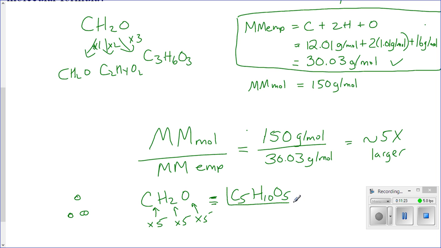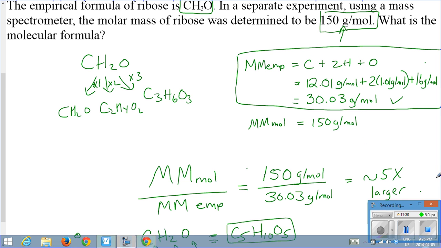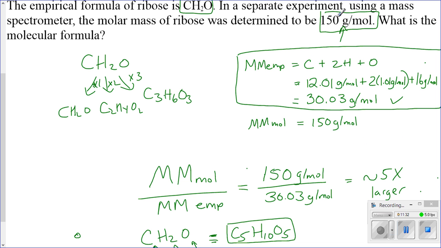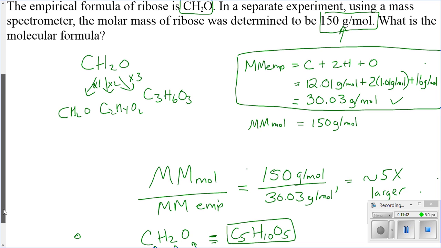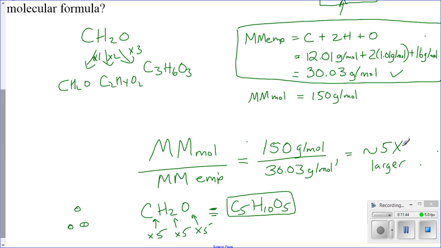And that is our molecular formula of this compound because it is 5 times heavier. So to summarize, all we do is we're given the molar mass of the molecular compound in the question. We find the molar mass of our empirical, we divide it into it, we find out how many times heavier it is, and then we multiply that number into our empirical formula to get the molecular formula, and that is it. If there's any questions, let me know.